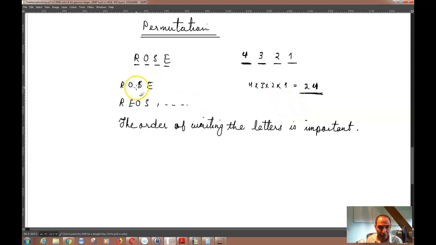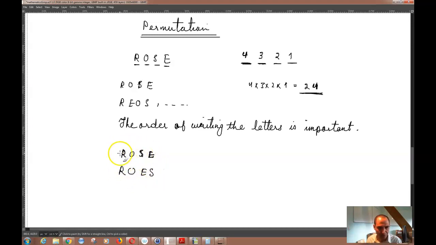What that means is that the word ROSE would be treated differently from the word ROES, in spite of the fact that they both have the exact same letters.